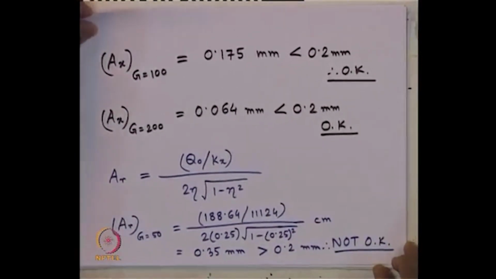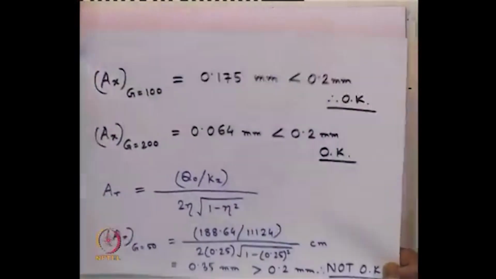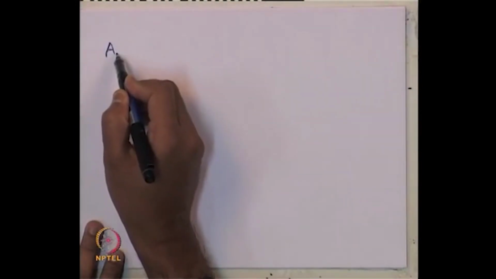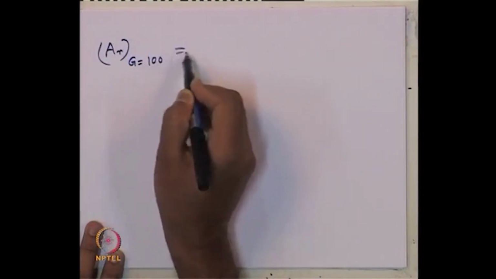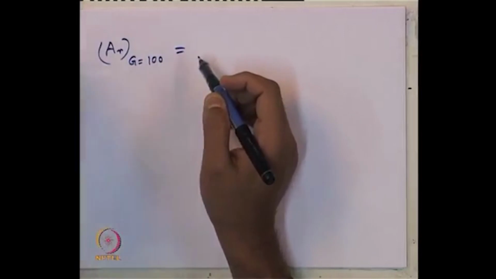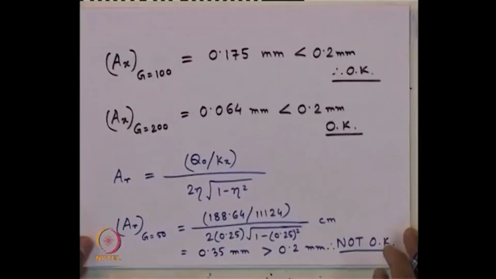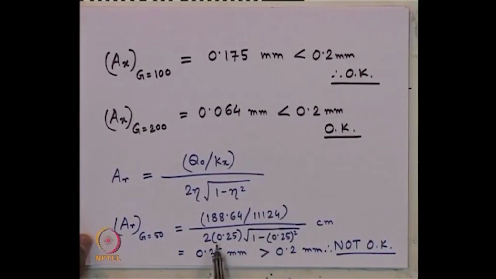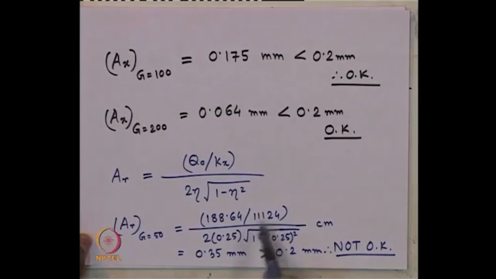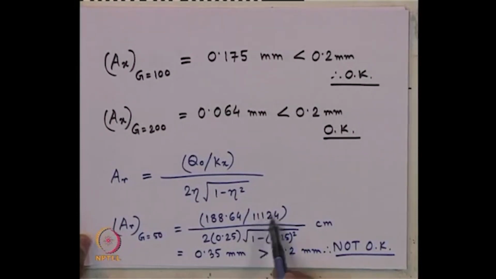Fine. Let us find out the displacement amplitude at resonance condition for the other two types of soil, that is with G equals 100 TSF. What will the changes be? Q naught remains the same, only Kx changes, the denominator also remains the same. So, it will become half of this, because Kx is getting doubled.